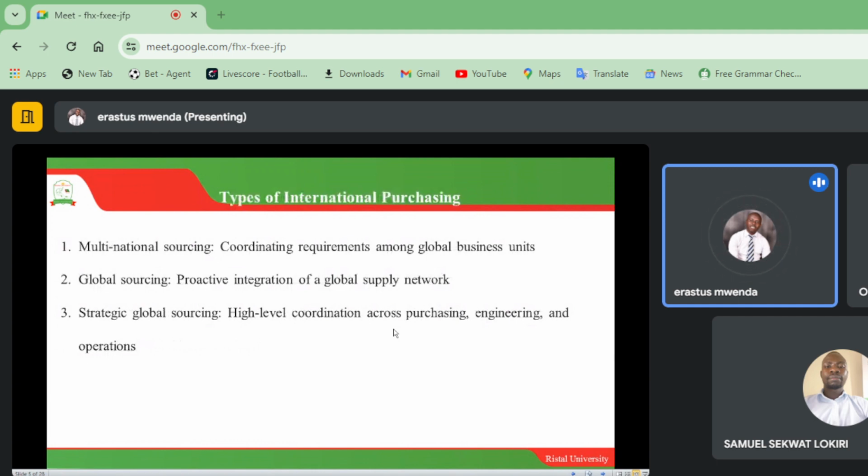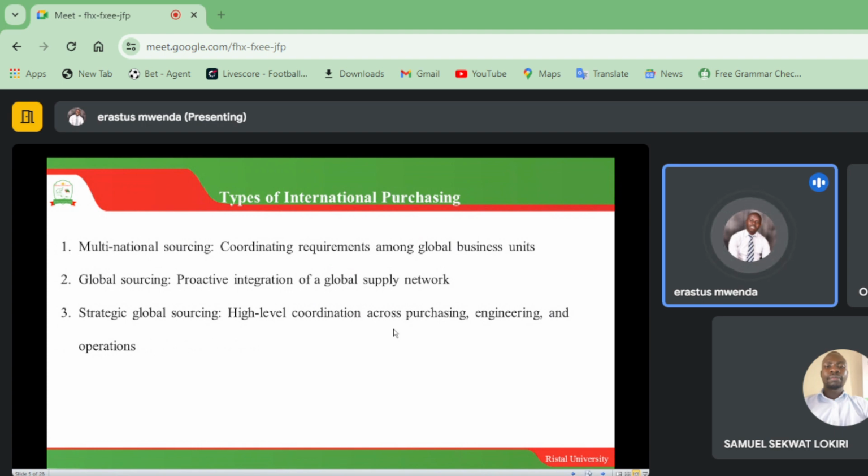Now, we will also look at what we call the types of international purchasing. We have three of them. The first one is what we call multinational sourcing. This involves coordinating requirements among global business units.